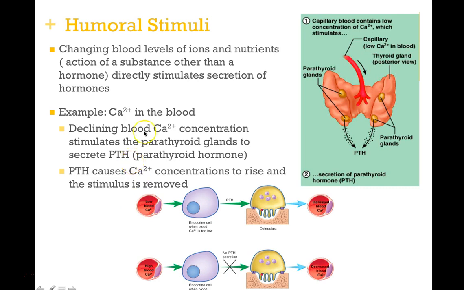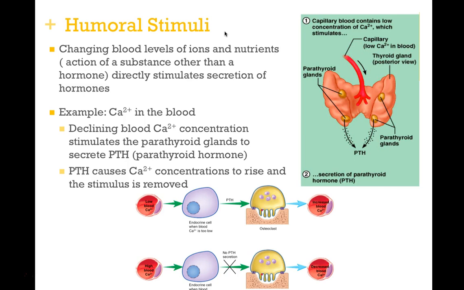So we want to think of circulation when we think of humoral stimuli. And what this stimulus is, is changing different concentrations within our blood, concentrations of ions or nutrients that will stimulate the secretion of our hormones.